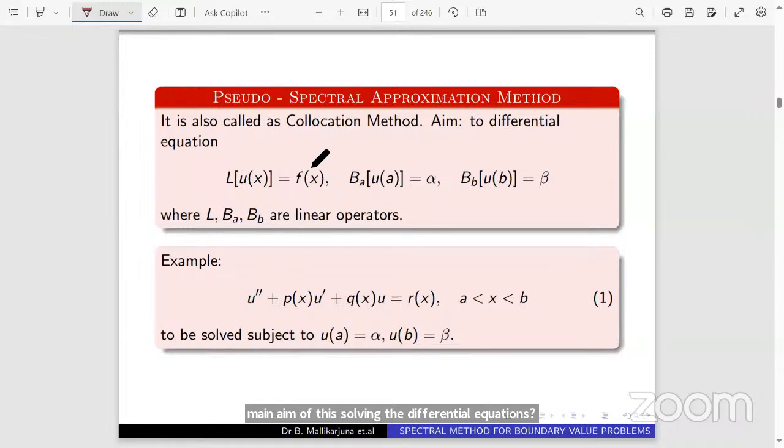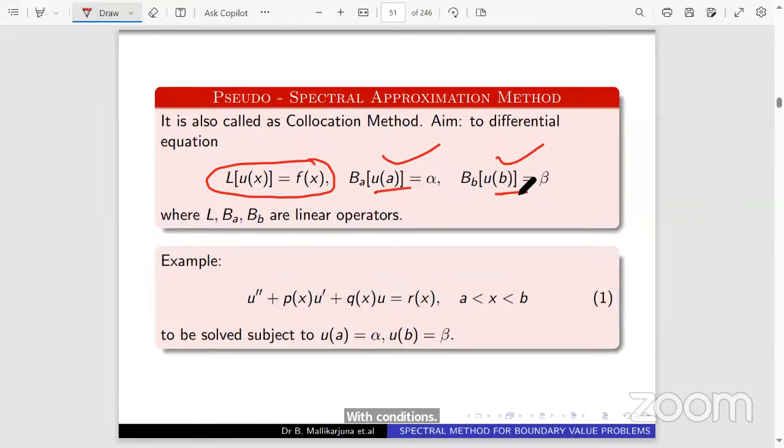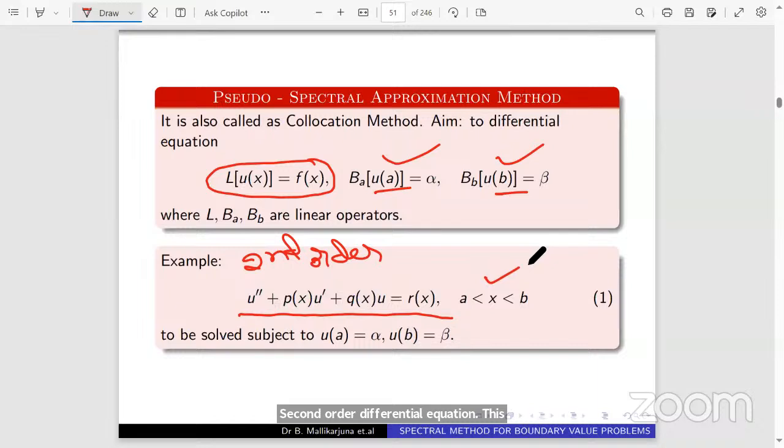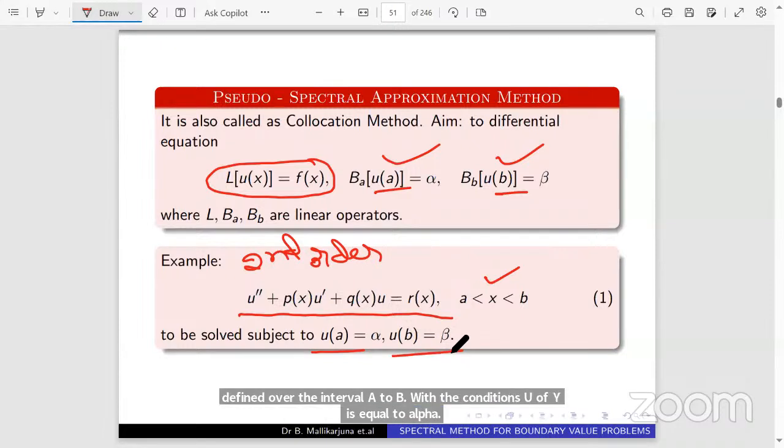Let me take one differential operator with conditions at A and B, that is, boundary conditions. Let us take one small second order differential equation, which is defined over the interval A to B with the conditions u of A is equal to alpha, u of B is equal to beta.